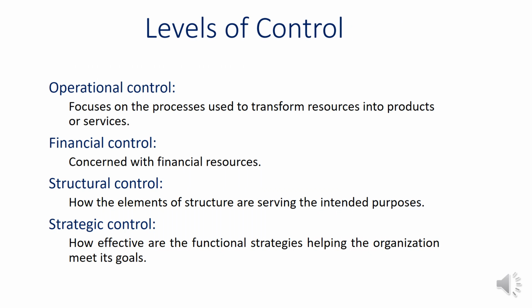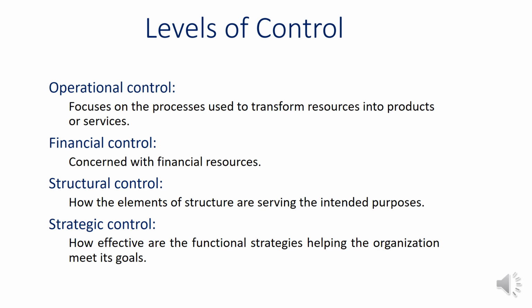The next one is the level of control. Here you have four levels of control. The first one is operational control. Under operational control, whatever resources we have are transformed into products or services. The second level of control is financial control.